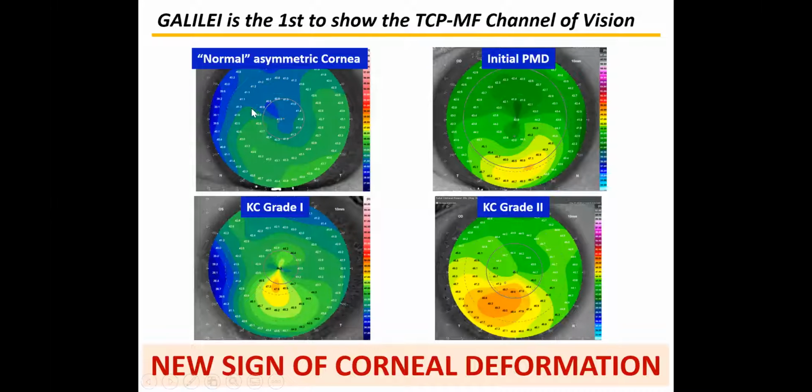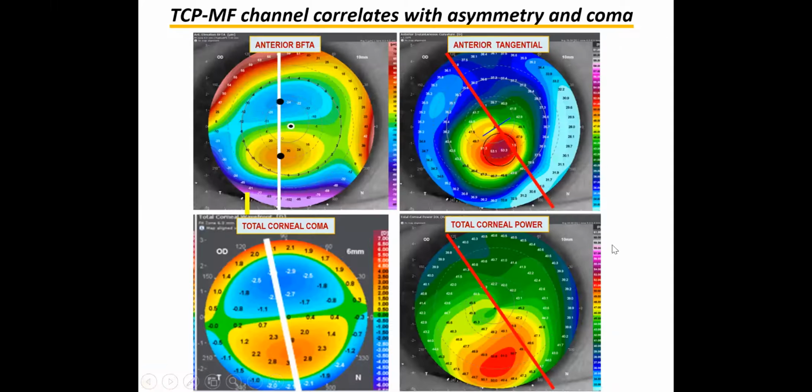You can see here the normal asymmetric cornea in pellucid or in keratoconus. This is very important because there is asymmetry, and the total corneal power multifocal channel of vision is very related to the asymmetry in the shape of the cornea, represented by curvature or elevation maps at the top, and the wavefront of the cornea in the total corneal coma.